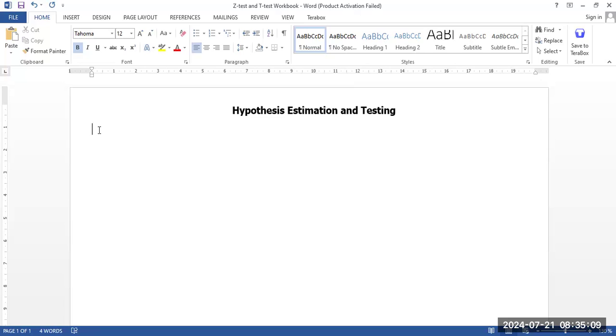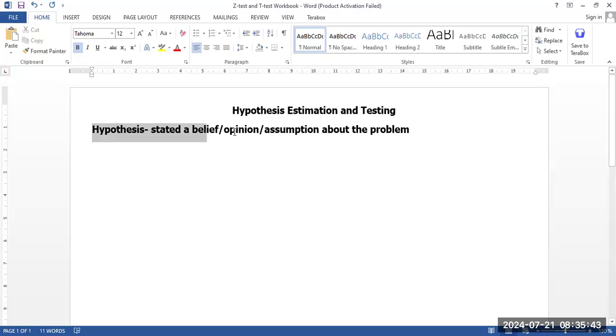But just for recap, we said that the definition of hypothesis simply is a stated belief, opinion, or assumption about the problem. The problem depends on what you're researching. You are the researcher. What are you trying to figure out?